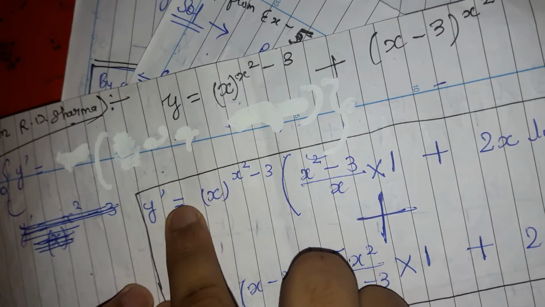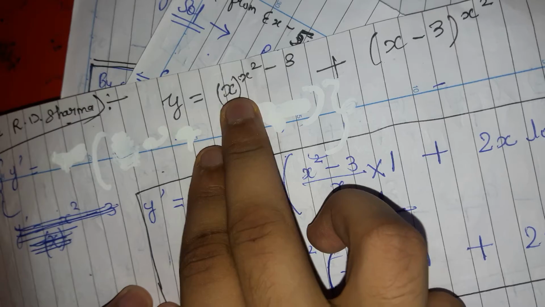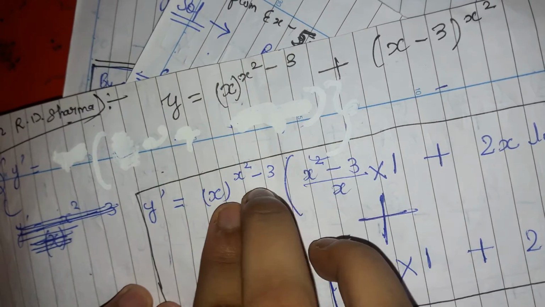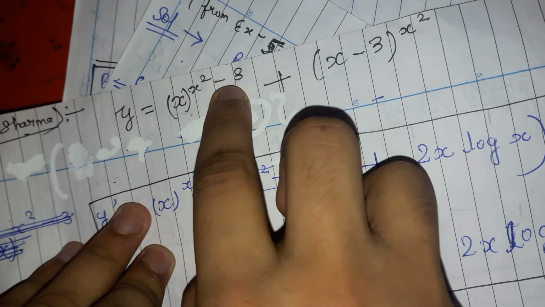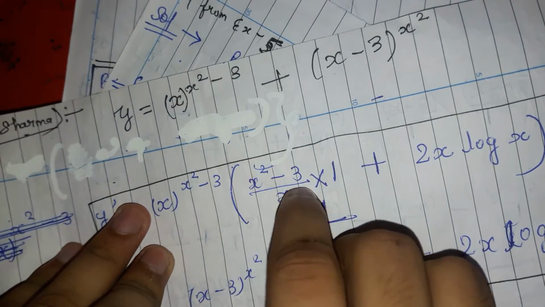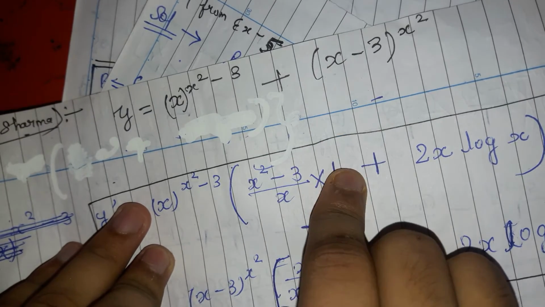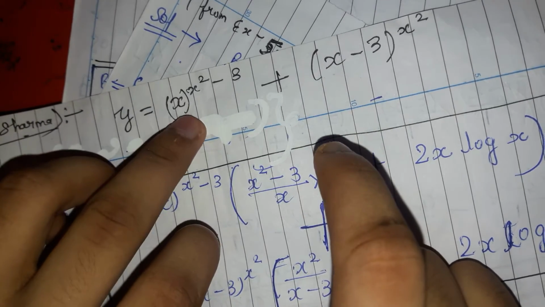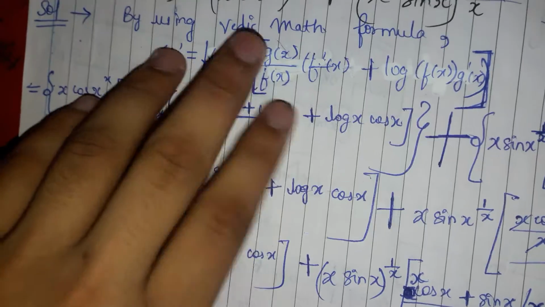Now y dash, fx to the power gx means copy the function as it is like this, gx upon fx, gx is the exponent, x square minus 3, fx is the base, x square minus 3 upon x into 1, differentiation of fx, you can see the formula, differentiation of fx.